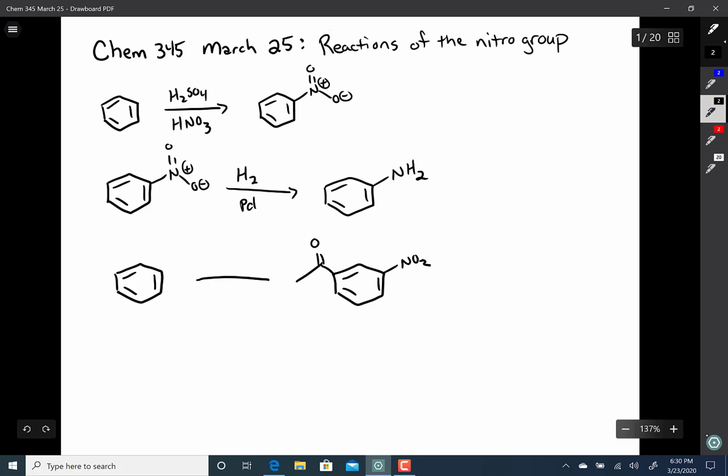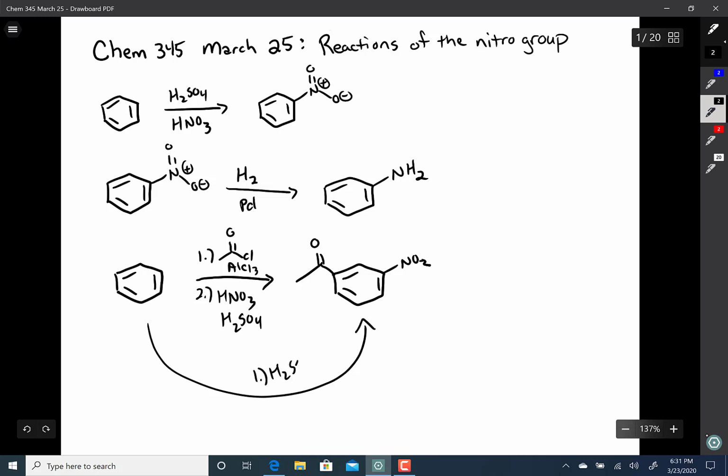So we can add the carbonyl group on first, followed by the nitro group. Or we can add the nitro group on, followed by the carbonyl group.